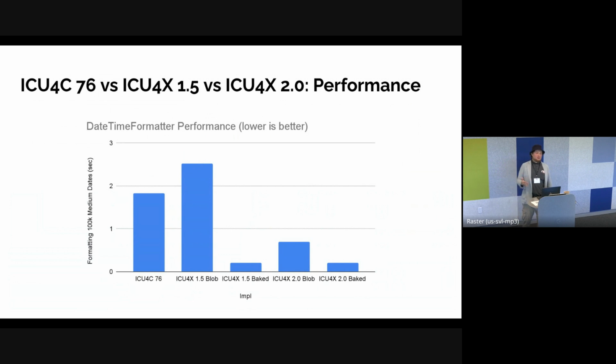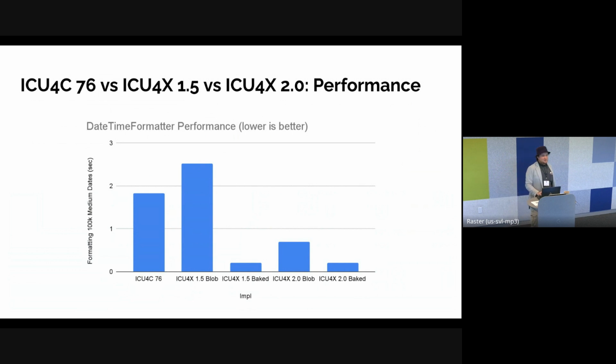We call that postcard or blob data. The other way is by baking the data into your app, which means the data is already statically analyzed and available as opposed to being dynamically loaded. We call that baked. So these are two different ways that you can load your data in ICU4X. ICU4C doesn't have such a toggle switch. So this is just showing some of those data numbers that I just got here.